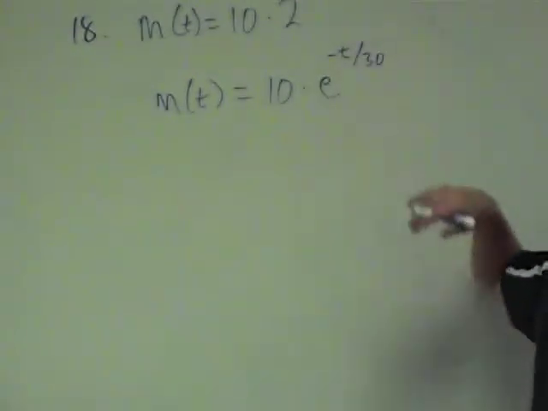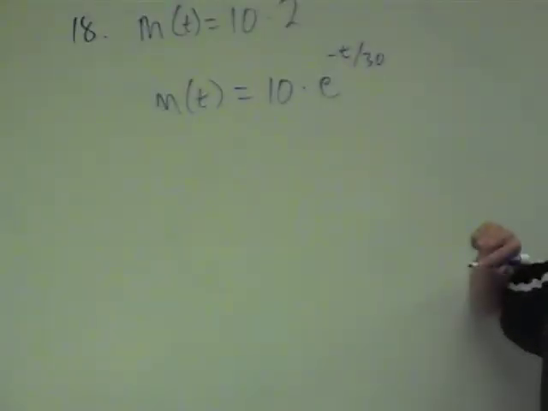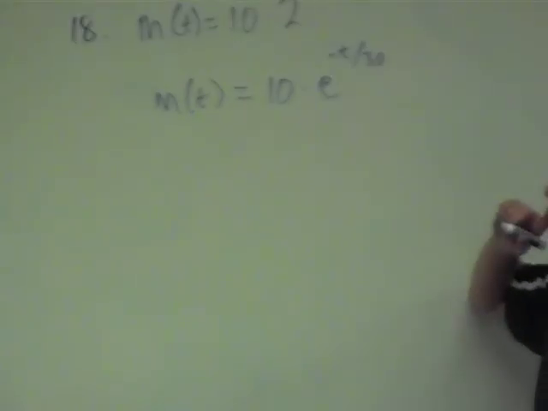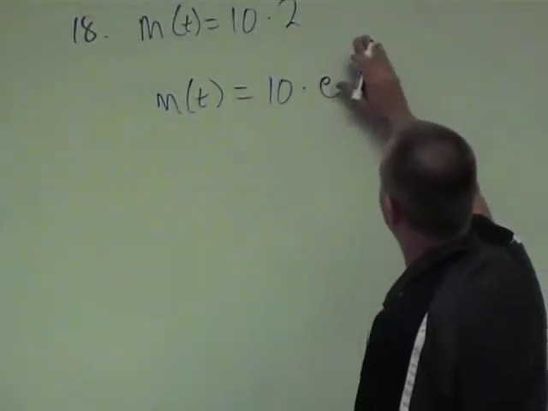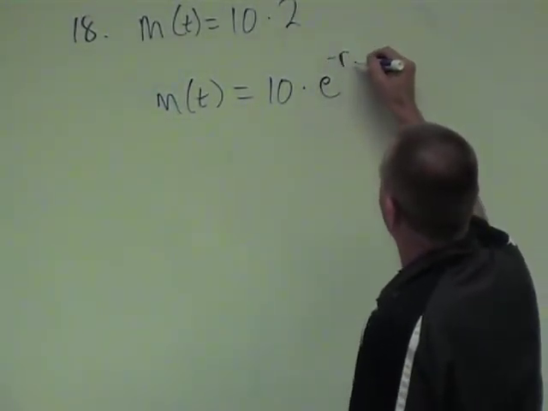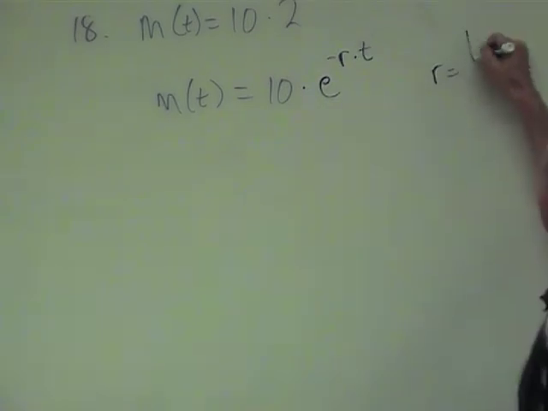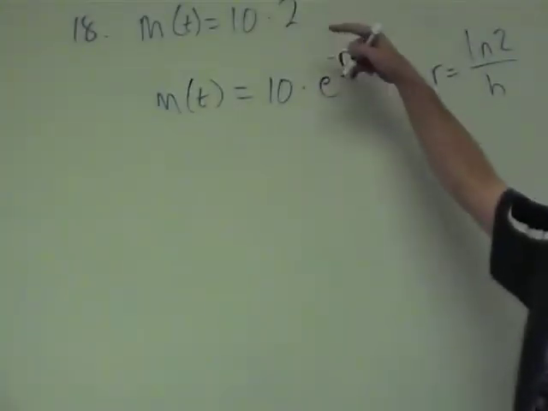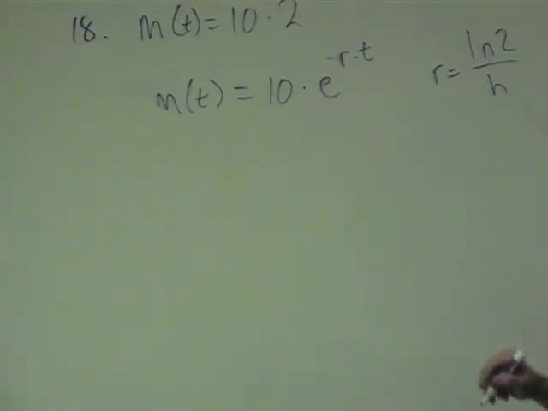Negative r times t, but r is the natural log of 2 over h. What was h? 30. That's your half-life. h is half-life. So r is the natural log of 2 over 30.